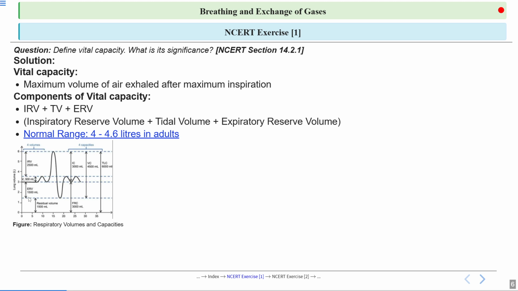So when you sum up 2500 plus 500 ml, that becomes 3000 ml. And again you add 1500 ml, so it becomes 4500. So it is in the range of 4 to 4.6 liters as mentioned in the text.